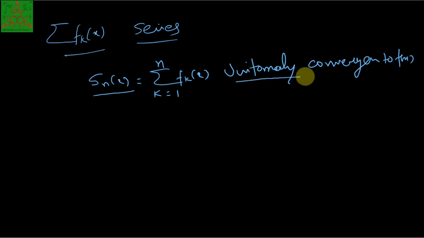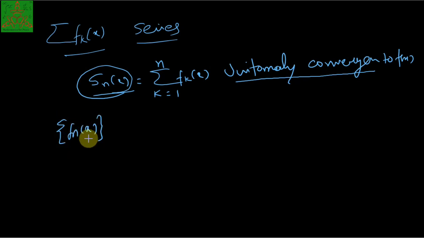Now what do we mean by uniform convergence of a sequence? Because Sn is a sequence now. A uniformly convergent sequence is defined like this. Let fn of x be a sequence of functions.